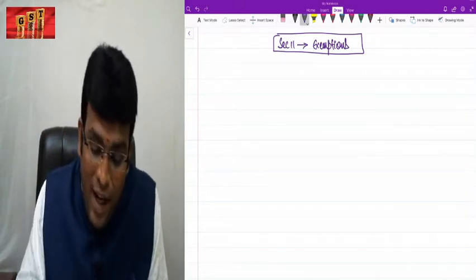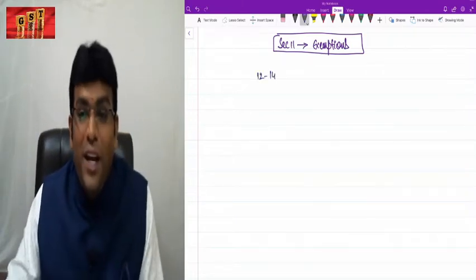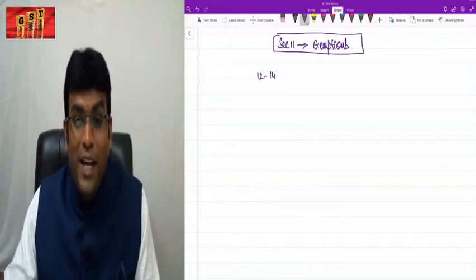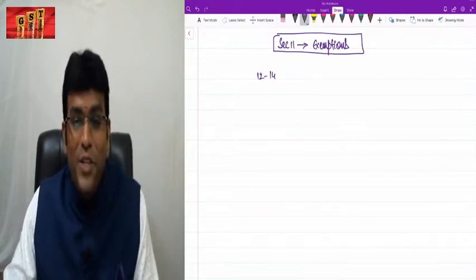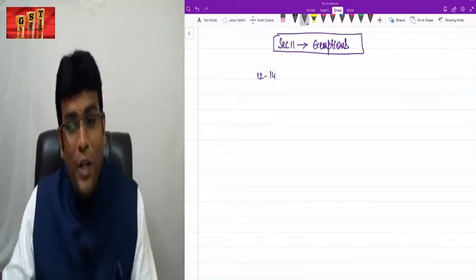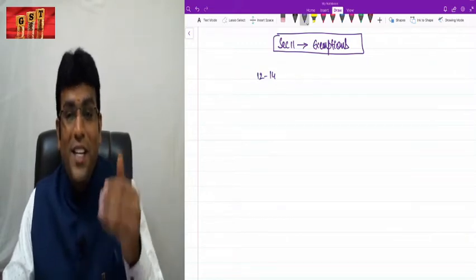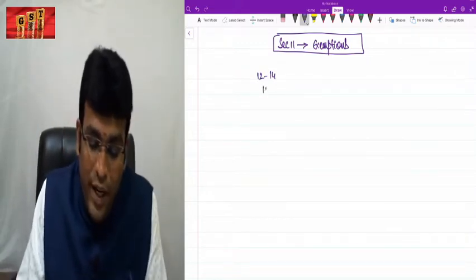Clear? And by the way, what is section 12 to section 14? It talks about time of supply. 12 is goods, 13 is service, 14 is time of supply for change in rate of tax. 15 is what?